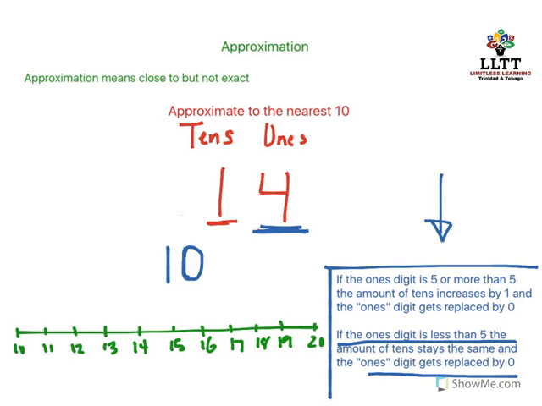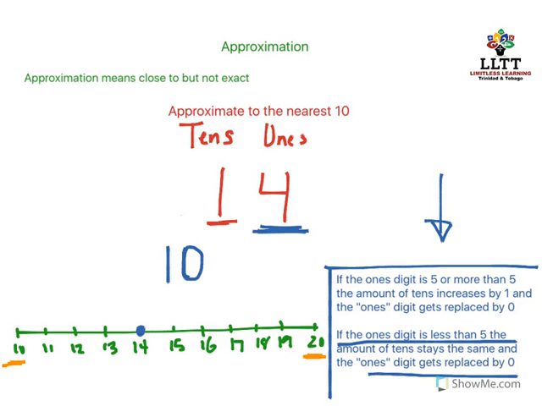Let's represent 14 with a dot on our number line. So this is our number 14 here. We want to know, is 14 closer to 20 or is 14 closer to 10?